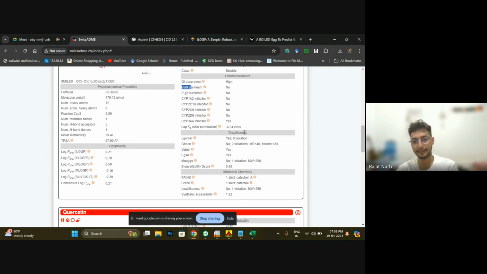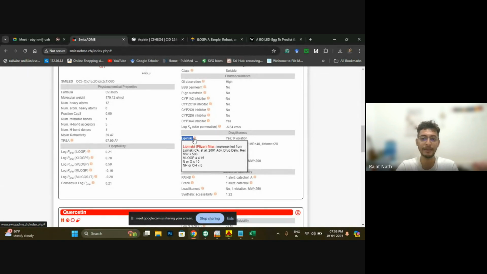Then comes drug likeness. In drug likeness, there is one that is Lipinski. As I mentioned, what is Lipinski? When I click on the question mark, we see that molecular weight should be less than or equal to 500, MLogP should be less than or equal to 4.15, it is actually 5, number of hydrogen acceptors 10, number of hydrogen donors 5.